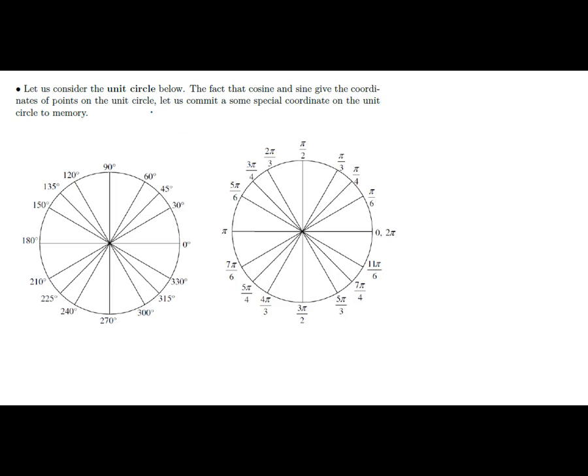So let me make clear here that the work we're doing is for the unit circle, the circle of radius 1. Here I have degrees, here I have radians, and we're going to memorize it both ways, but let me just work on the degree circle here on the left.